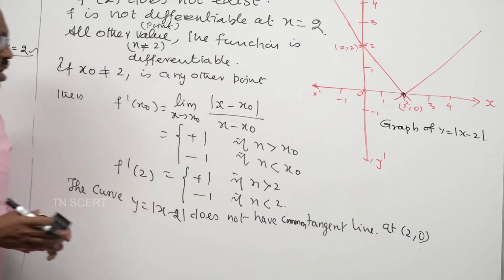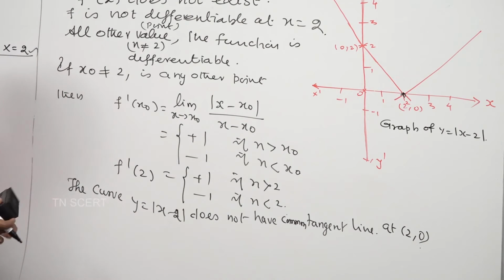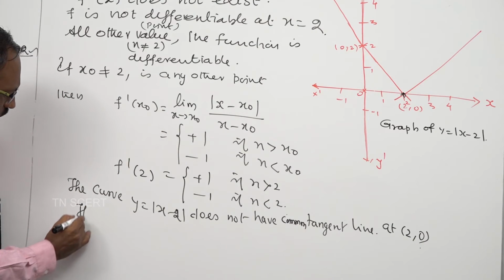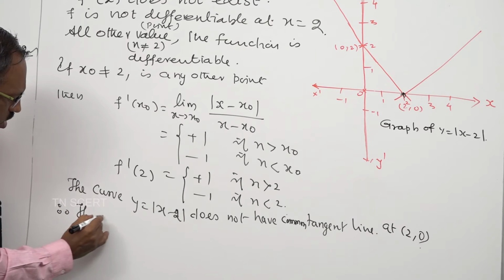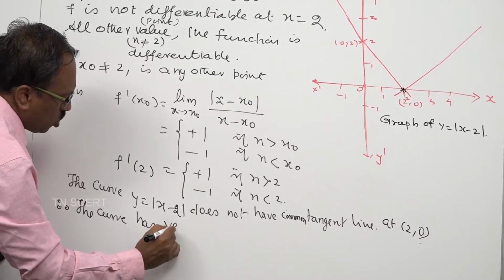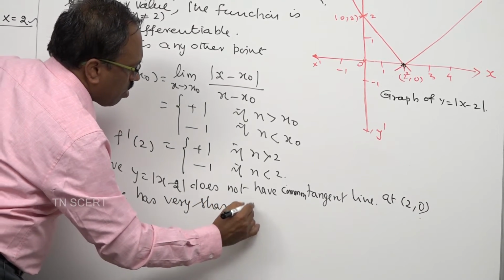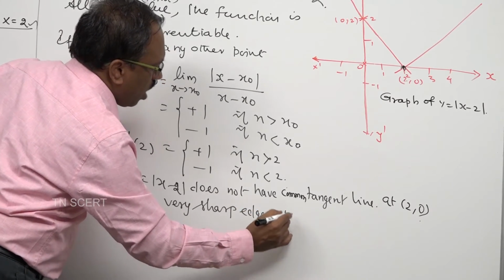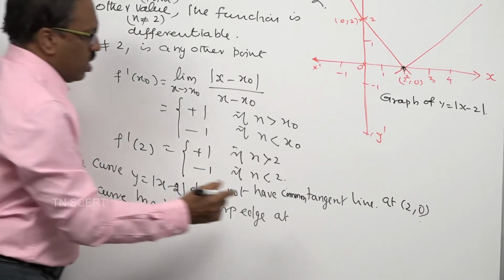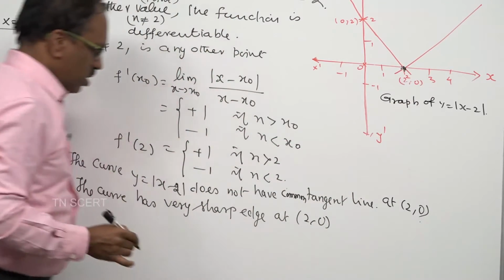That means the curve has a very sharp edge at this point, 2 comma 0.